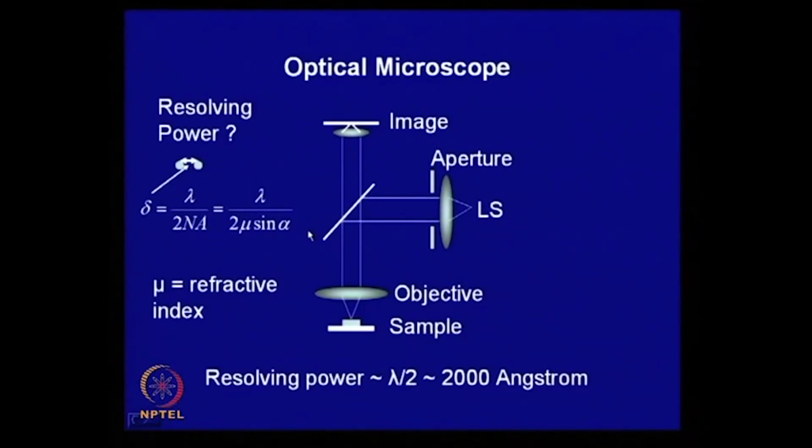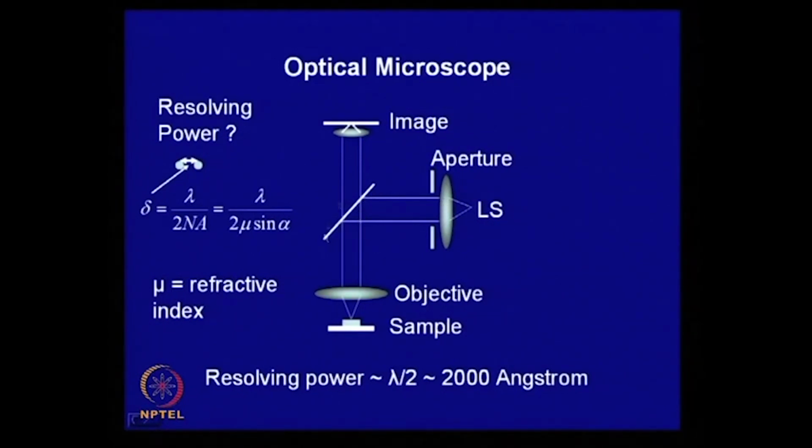Now, this is a typical construction of an optical microscope. As I said, metals are opaque, so you have to examine them under reflection mode. You have a light source and a lens which makes this light parallel.